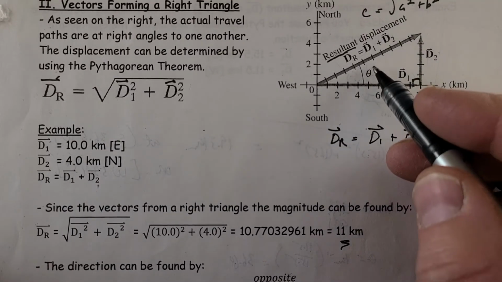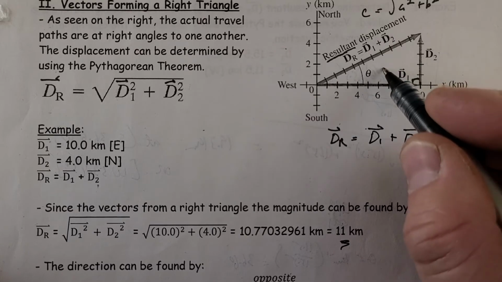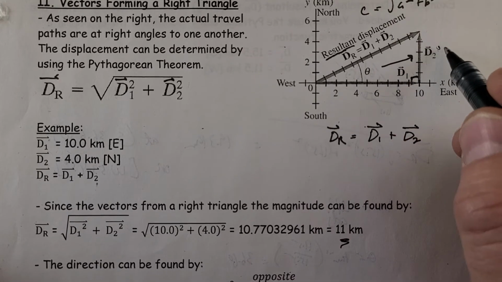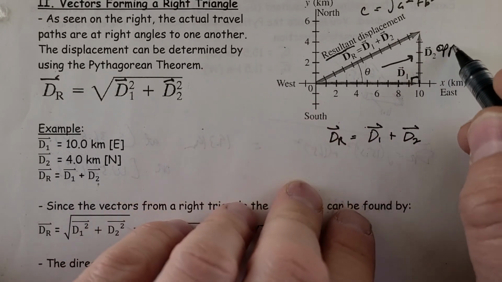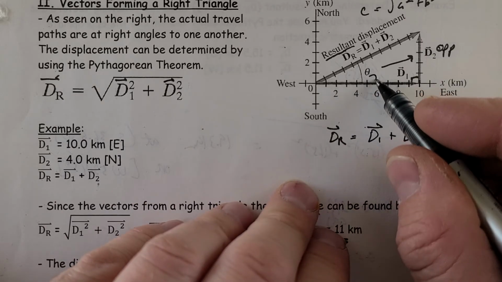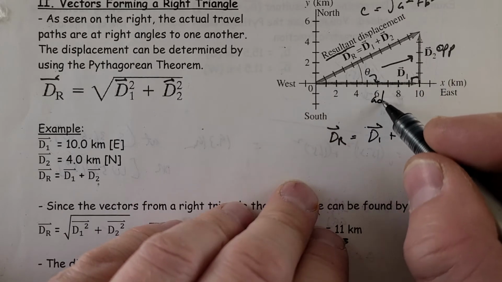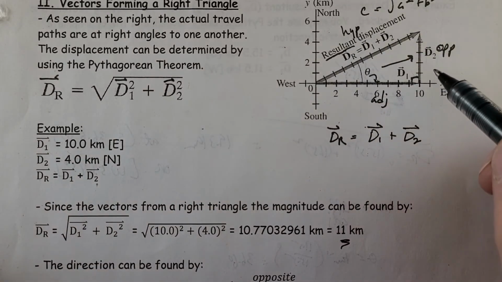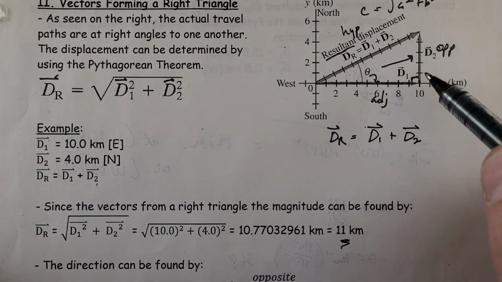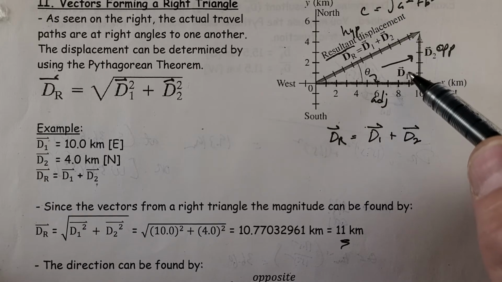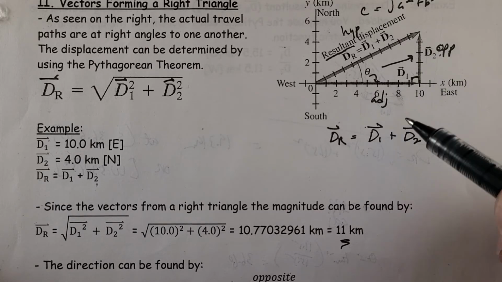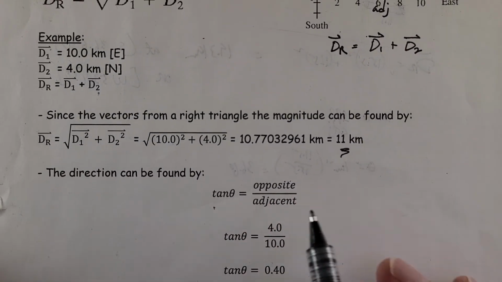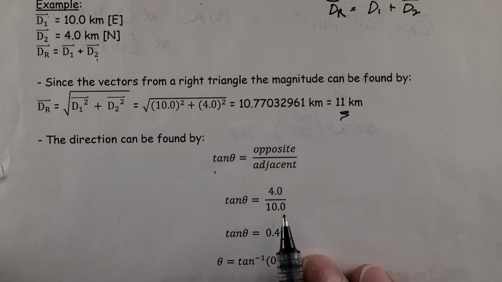And of course I need to know what the direction is. Over here I know the opposite side. D2 represents the opposite side, and D1 represents the adjacent side. I know the hypotenuse here as well because I did that calculation, but it's best to use numbers that are given to you in the question. So opposite over adjacent, that of course is 4 over 10.